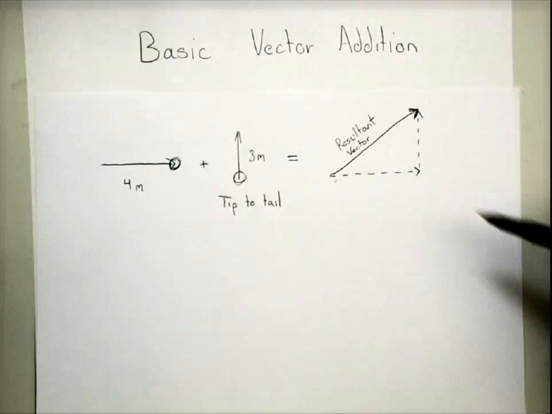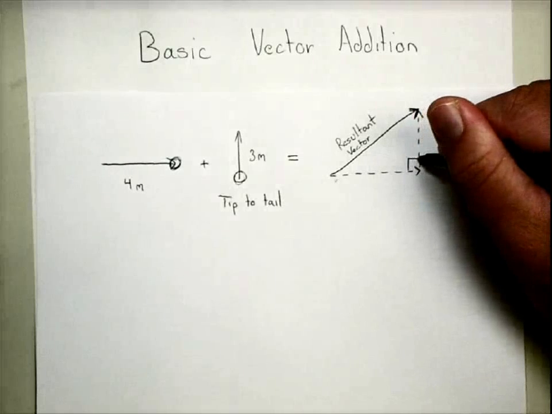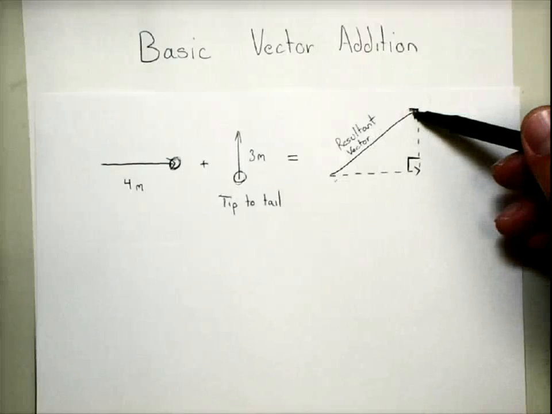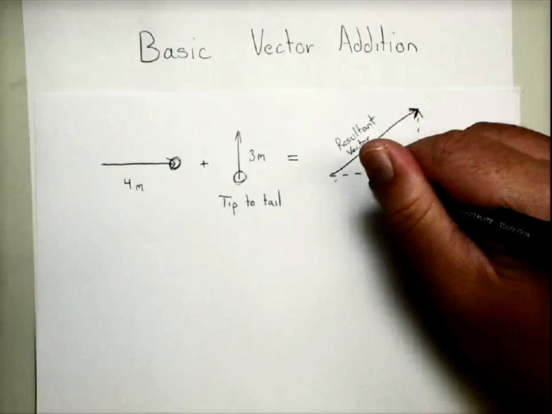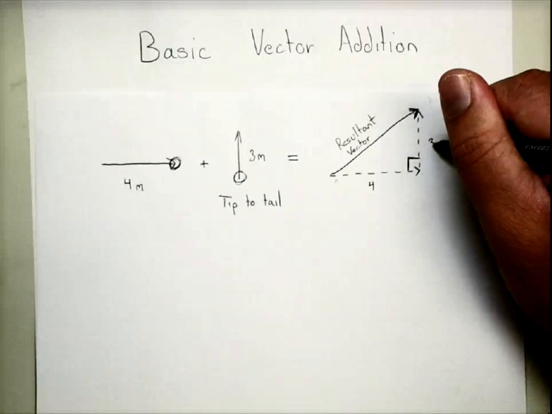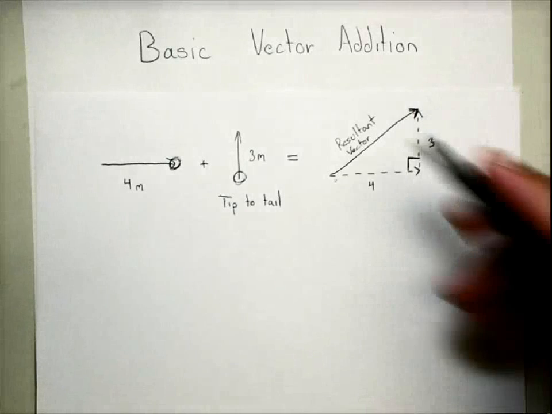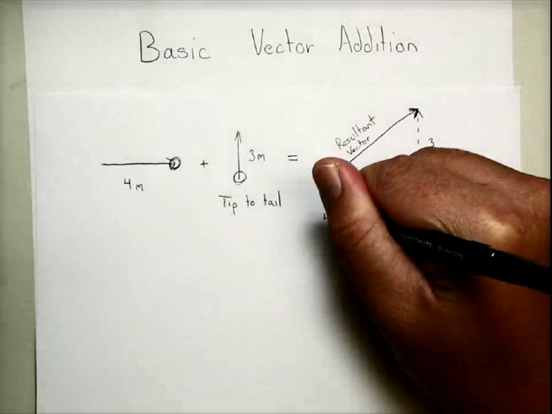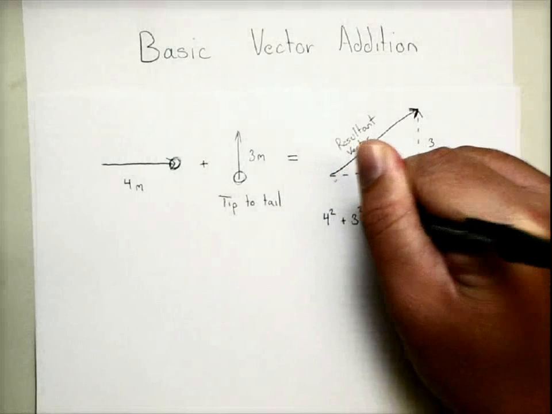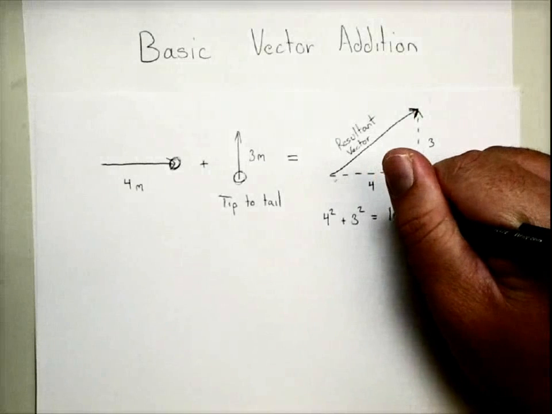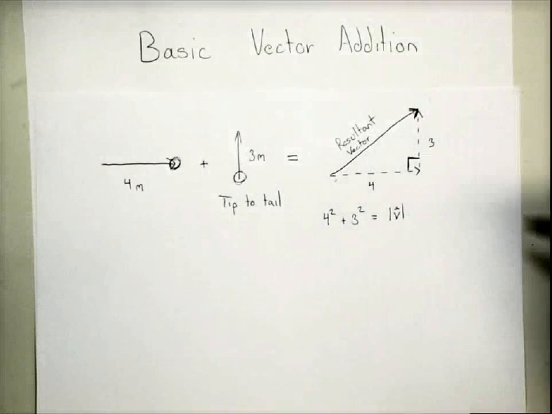Now in this one, we're lucky in that we have a 90-degree angle, so we can actually find the magnitude of the resultant vector. So it's 4 and 3. Since this is a right triangle, we can use the Pythagorean theorem, and we know that 4 squared plus 3 squared has to equal the magnitude of my resultant vector squared.